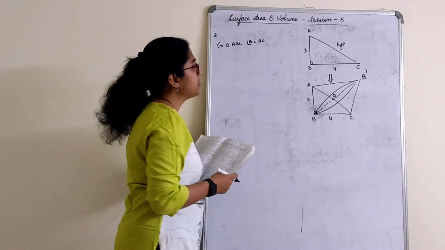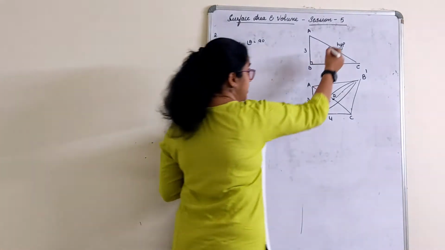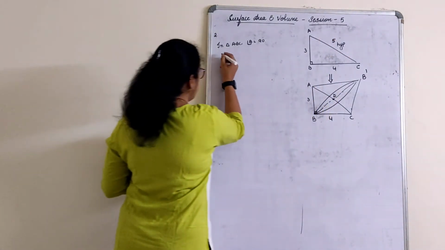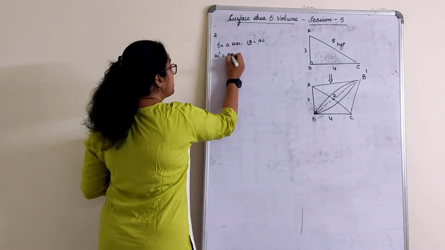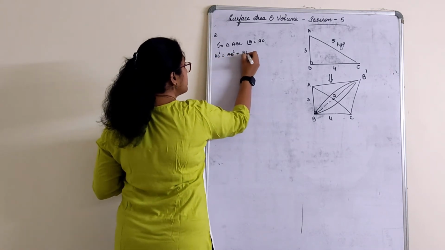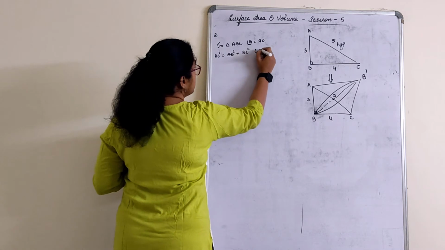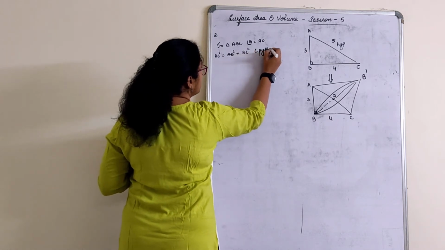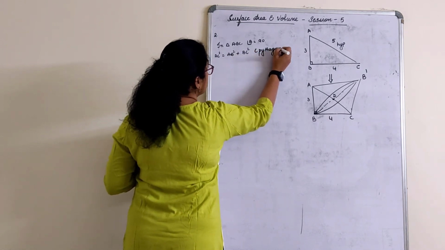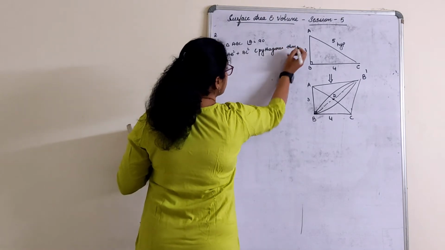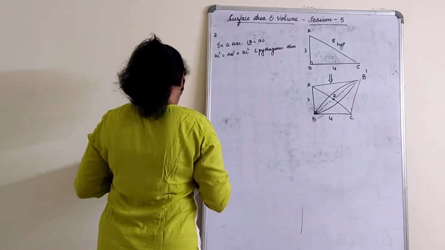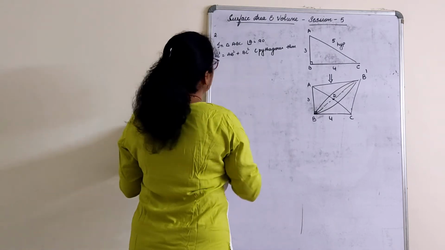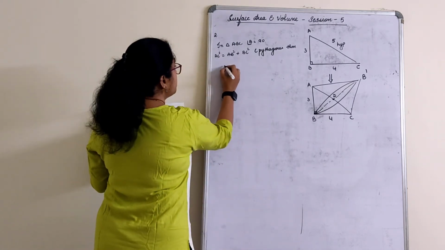Therefore, by Pythagoras theorem, what should be the measure of the hypotenuse? 5. But still you have to show that AC square is equal to AB square plus BC square. Pythagoras theorem. So AC square, what you have to find?